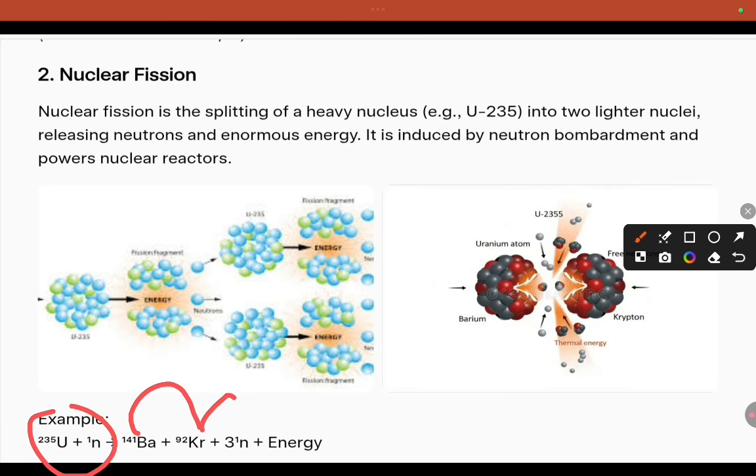At the same time it also releases 3 more neutrons, and energy also. So uranium is a heavy element. It is bombarded by a neutron, then splits into lighter nuclei like barium and krypton, producing 3 extra neutrons along with energy. That is called nuclear fission.